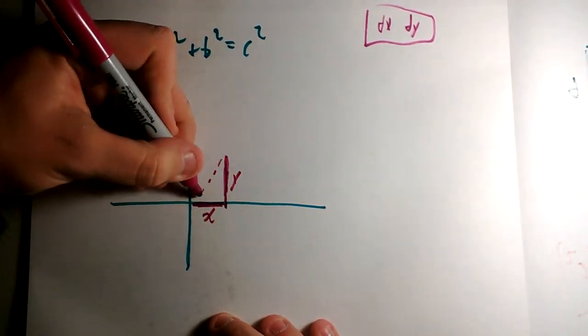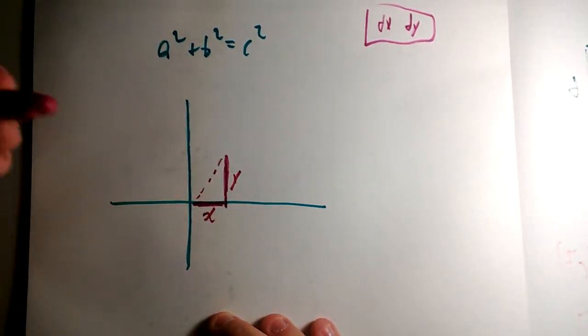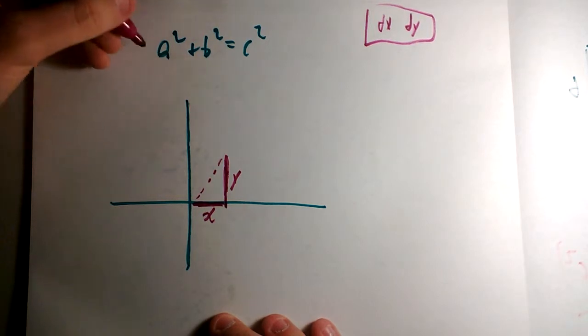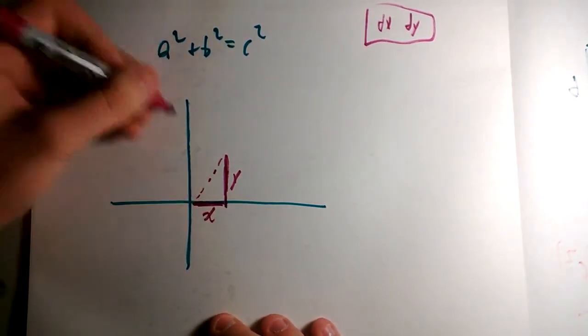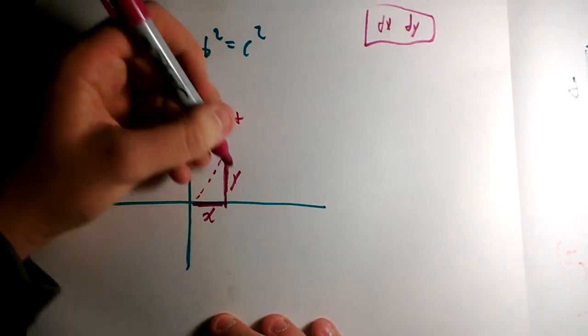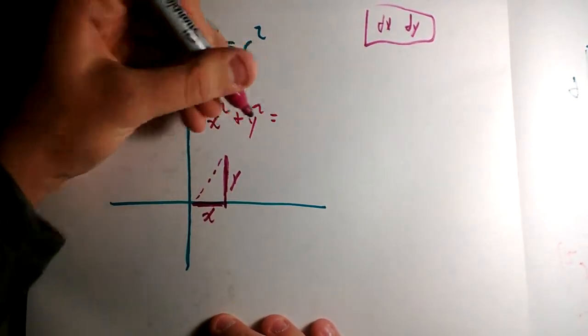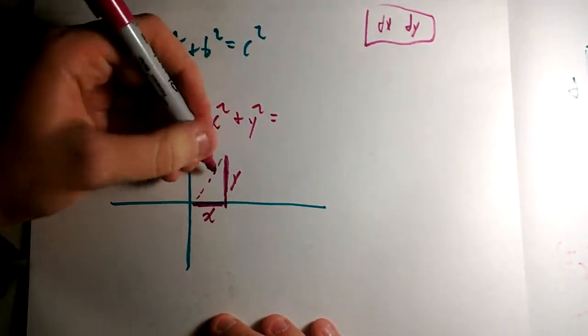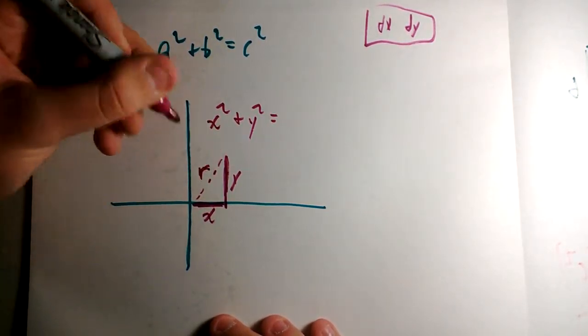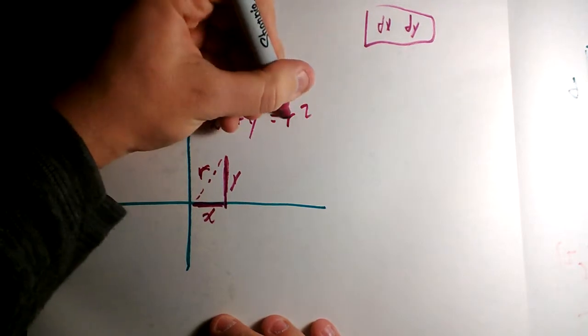The distance right here, whatever this y value is and whatever this x value is, using this fact, in this case, a squared or b squared, either one, is x squared, and b squared or a squared is y squared. That is equal to c squared. So let's call this r. I like calling it r, like a radius. You get r squared.